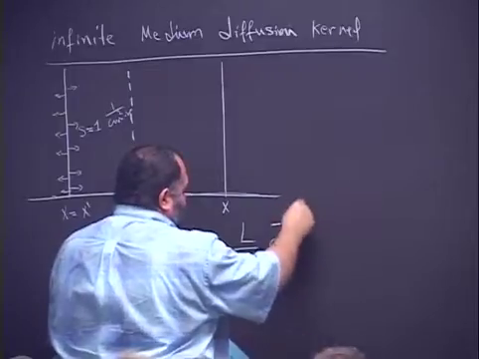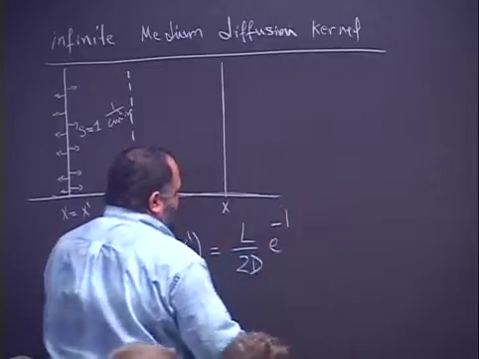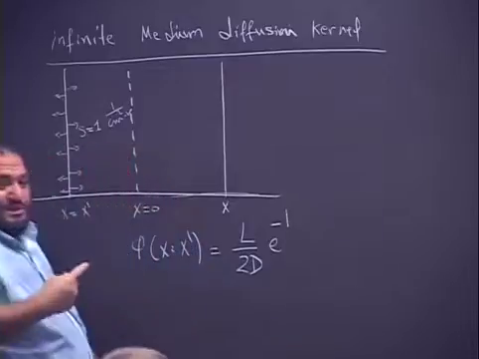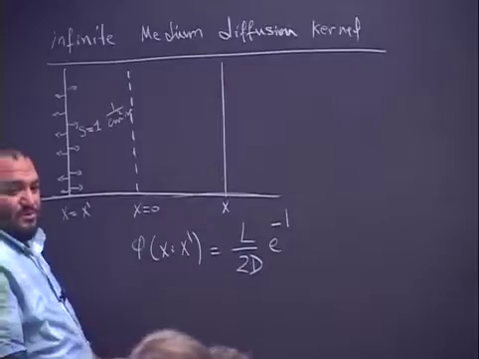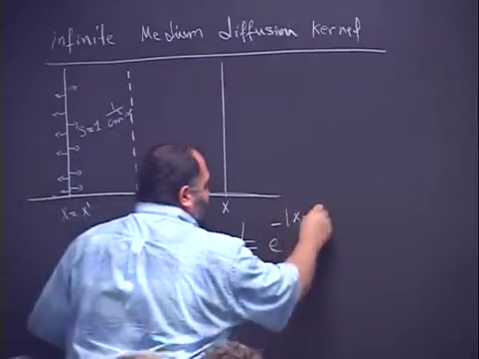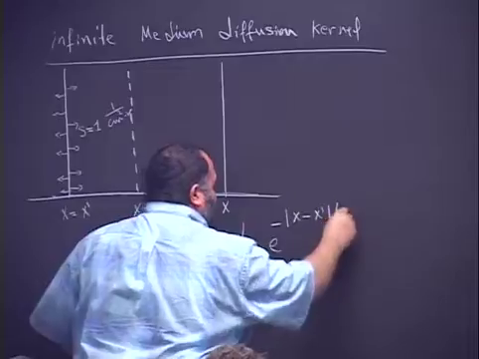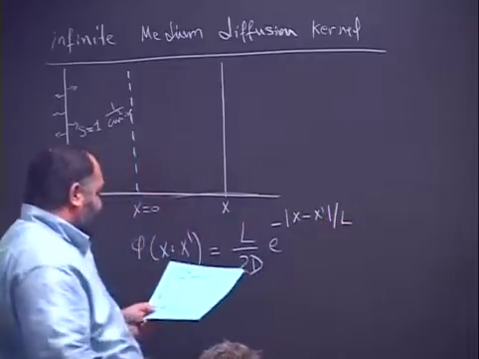Last time it was the absolute value of x, the distance between the source and the point, but now it is the absolute value of x minus x prime.